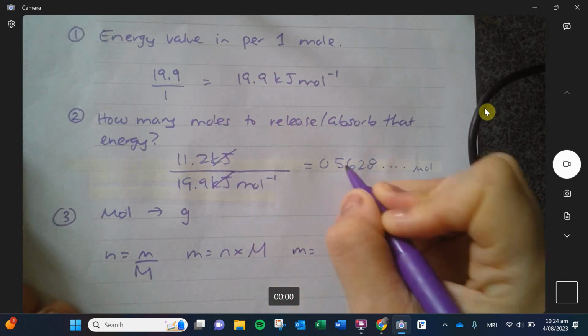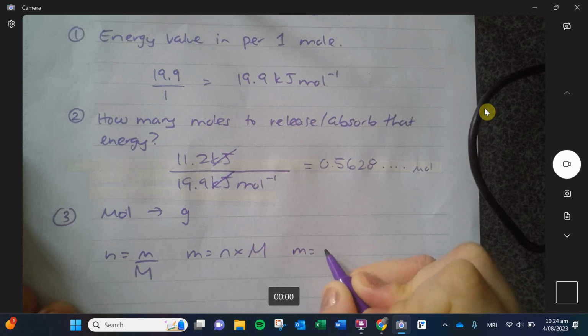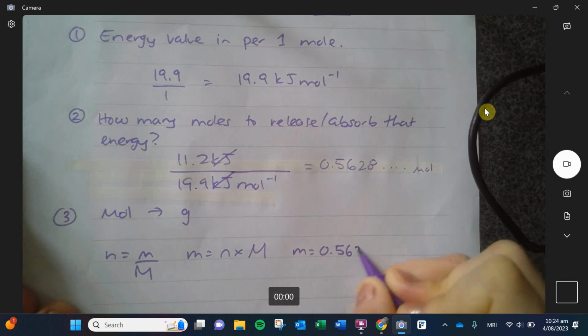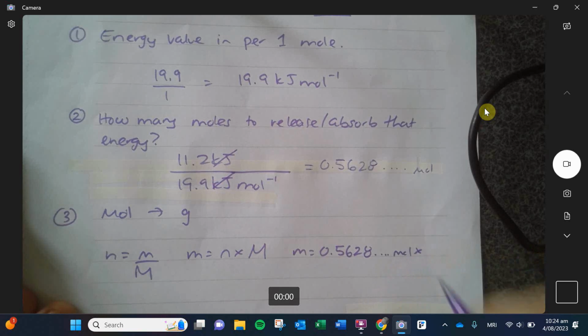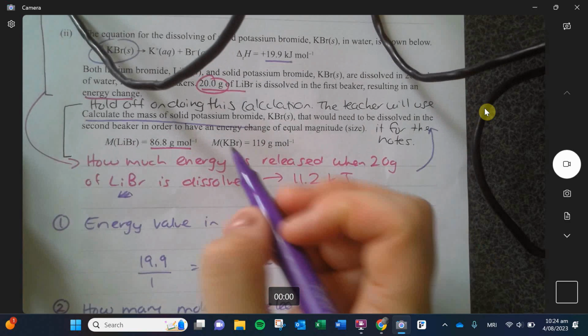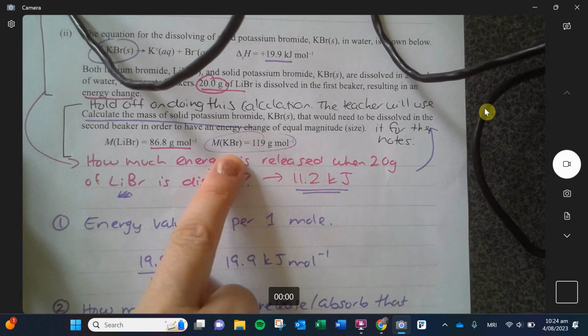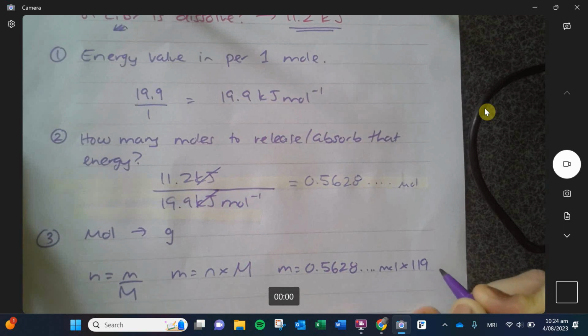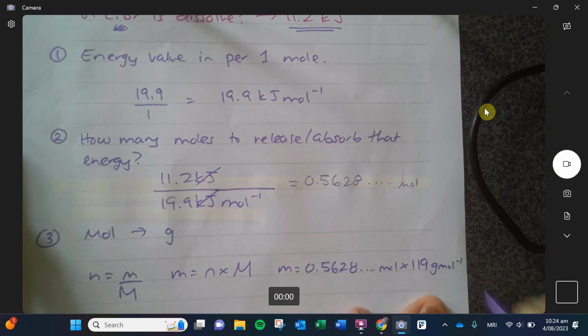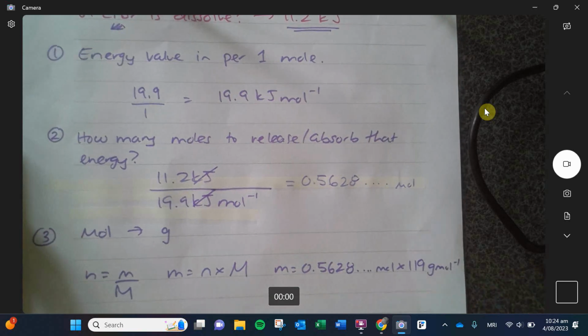So m is equal to the number I got in number 2, in moles, times the molecular mass. And in this case, I want the potassium bromide. So 119. And again, I like to write units, grams per mole, so I can double check that I've rearranged my equation correctly. I see moles and moles cancel, so I have grams. So I have rearranged it correctly.